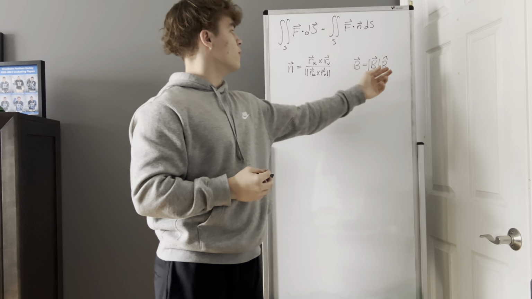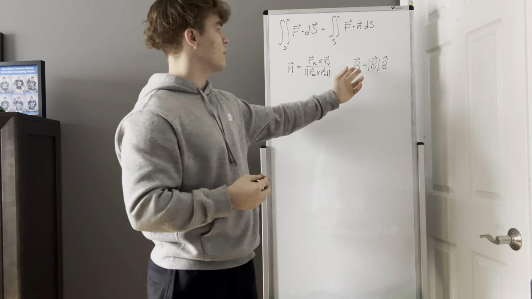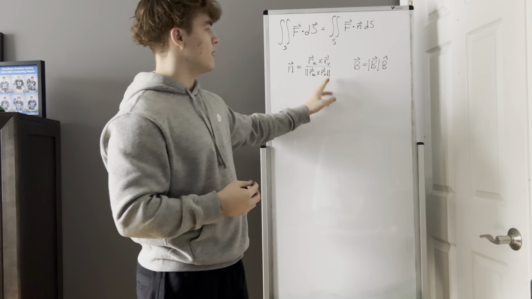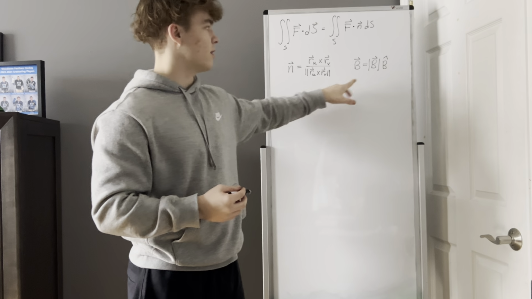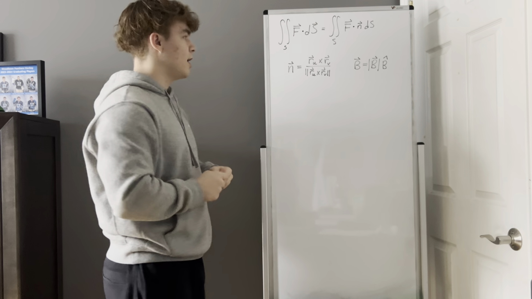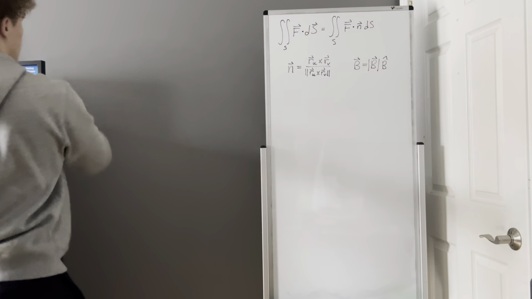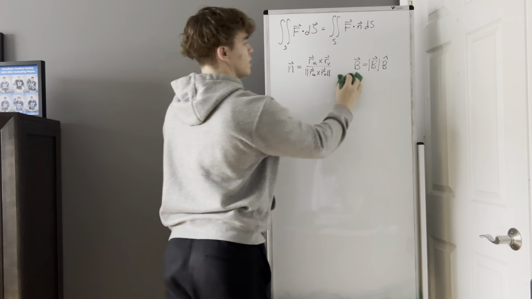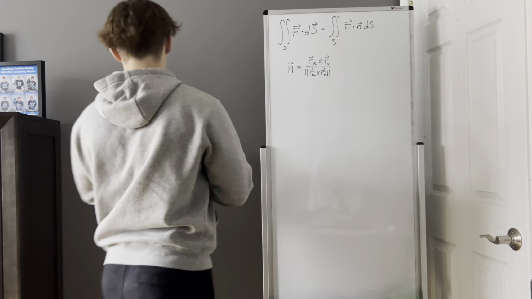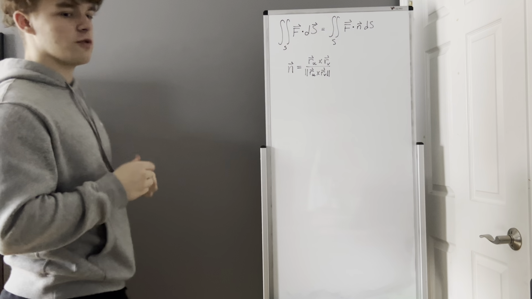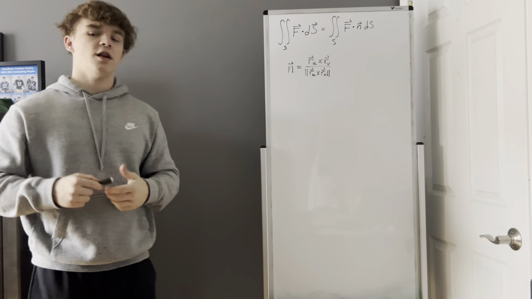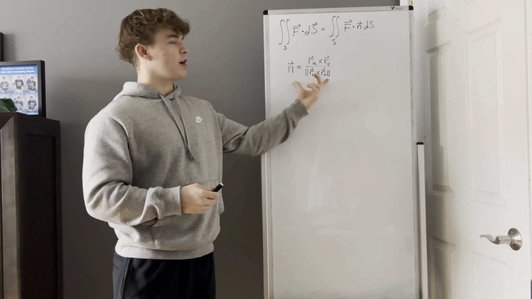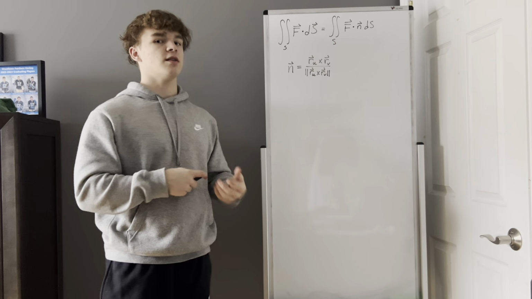So if we want to solve for our normal vector, we have our regular vector up here divided by the magnitude of the vector down here. Don't stress too much about understanding what I just said. You should just stress about really understanding how to plug things into this formula.